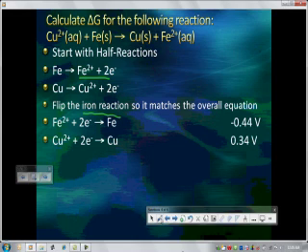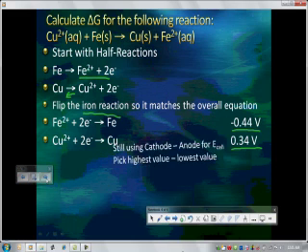Here's what your table says about it. Iron 2 plus 2 electrons makes elemental iron, and that value is negative 0.44 volts. For copper, we get copper 2 plus 2 electrons makes atomic copper, and that's 0.34 volts. So for this one, we want this direction. And we're going to do the same thing that we did before. Which value is more positive? The copper.